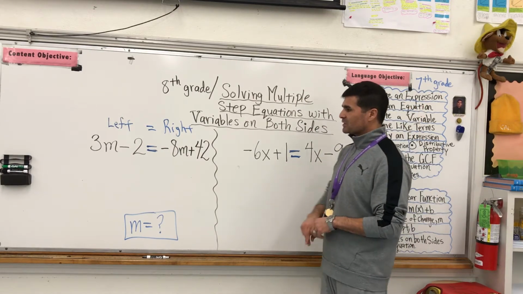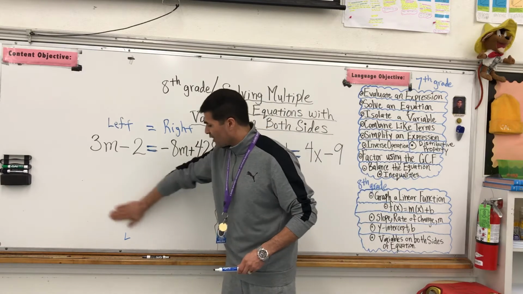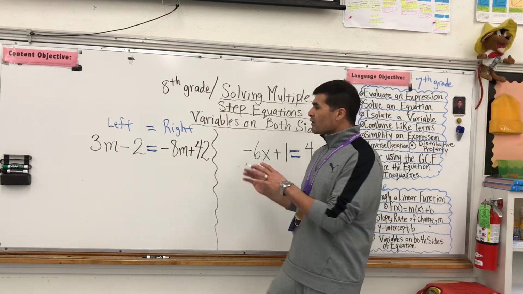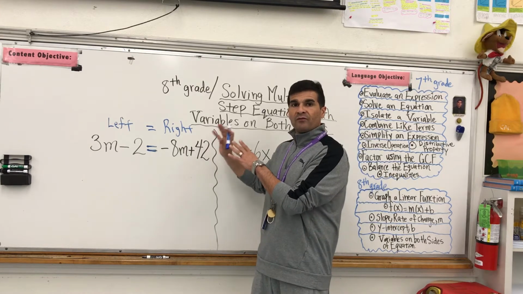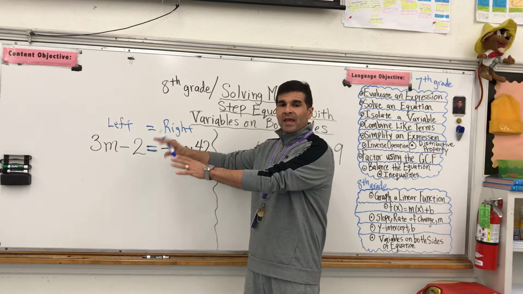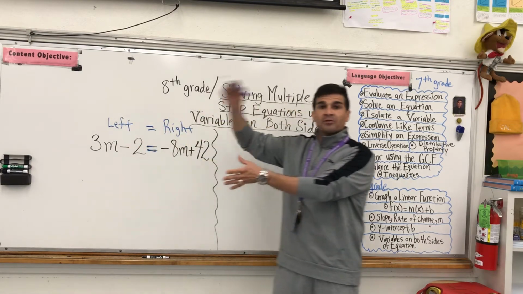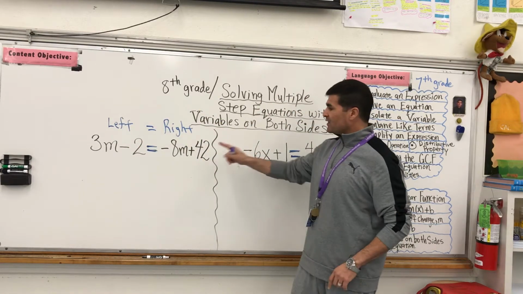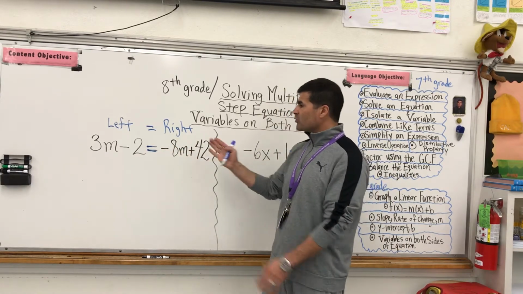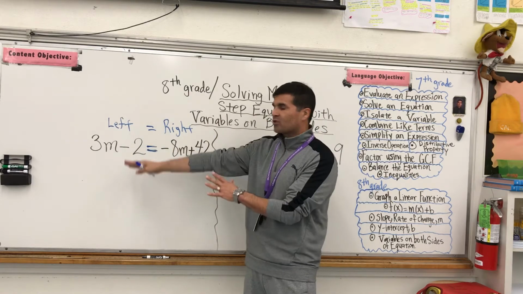Well, there are some steps. You can figure out what this variable m is, but there are rules. You want to try to move all of the constants on one side, and the coefficients with variables on the opposite side. These numbers without variables are called constants. So what we want to do is move them either to the right or to the left.